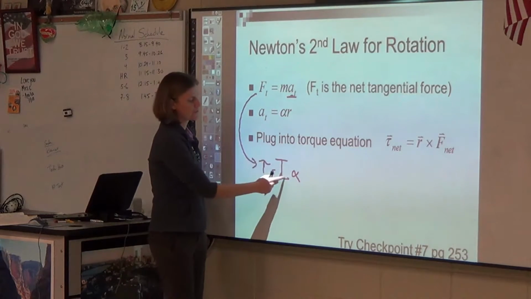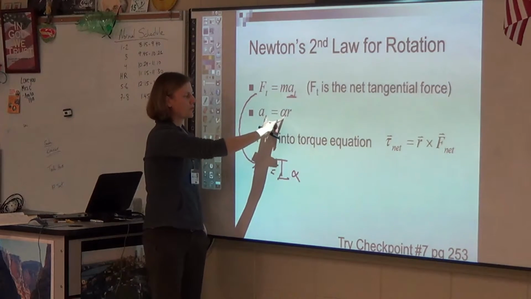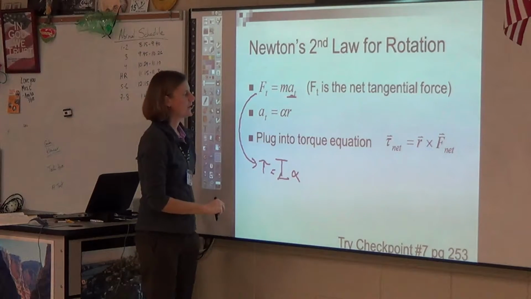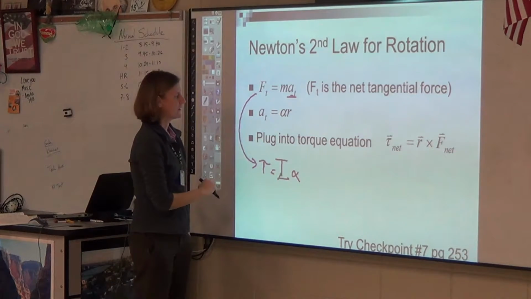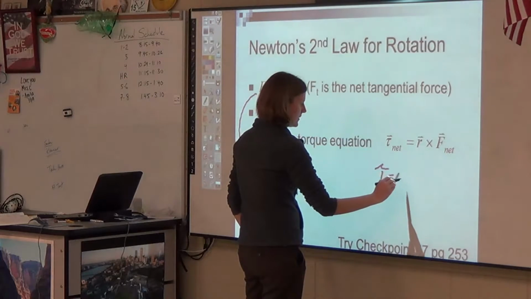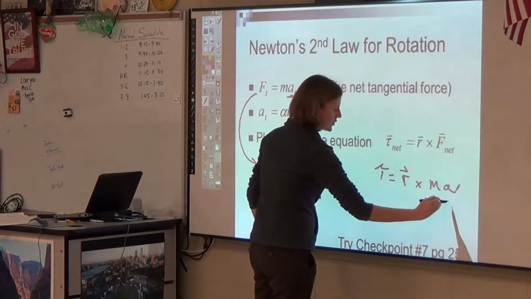Okay, so now simply proving this, we have our little marching band equation. Linear acceleration is equal to alpha times r. And we're going to plug in here.